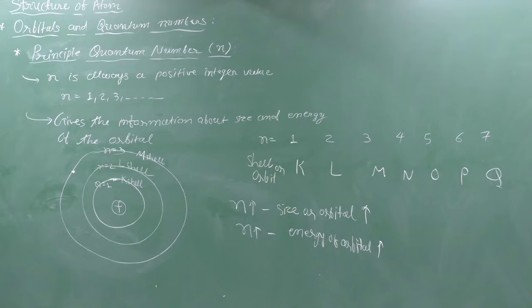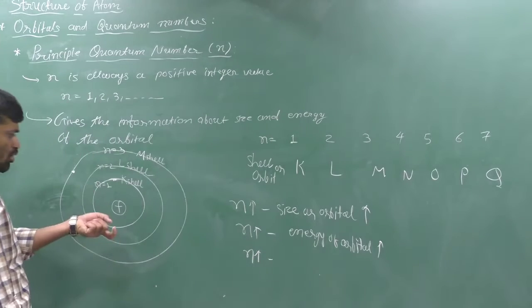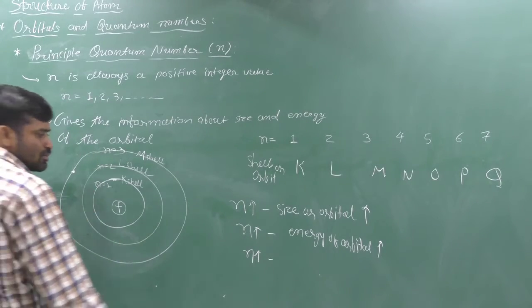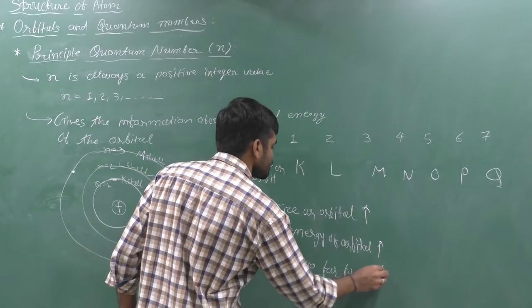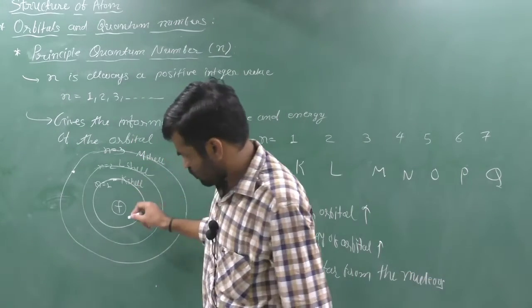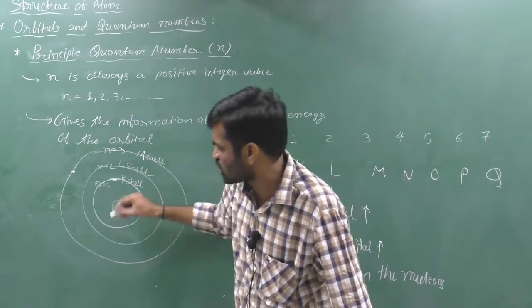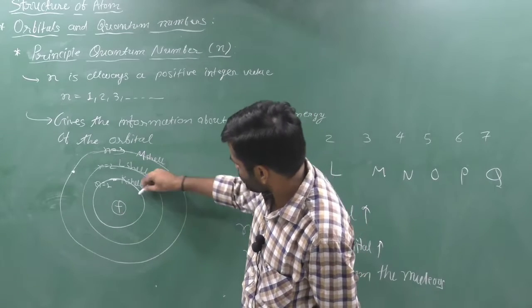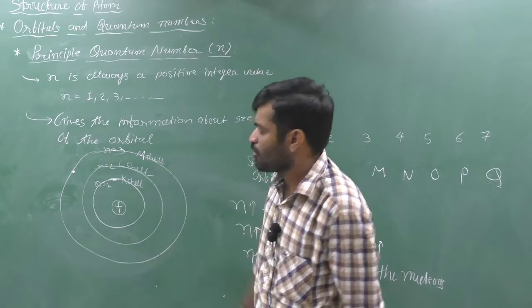Clear? And in other words, the electron is located away from the nucleus if n increases. Means that if n increases, then the electron goes far from the nucleus. Suppose n is equal to 1, then the electron is somewhere near the nucleus. As n increases, suppose n goes from 1 to 2 for any electron, then it goes far away from the nucleus.